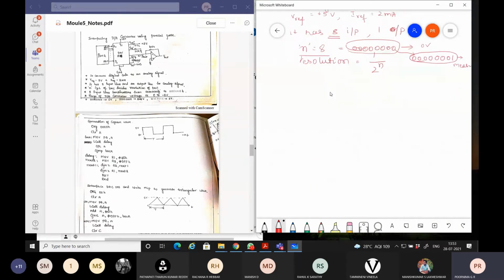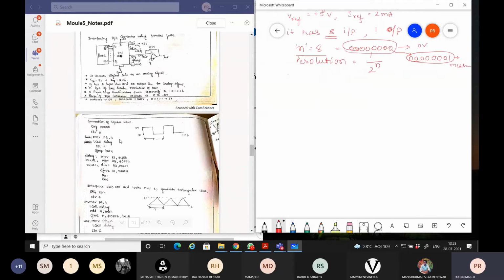This smallest change will always give a measurable output, hence it is termed the resolution. So when we compute the resolution, it is 1 by 2 to the power of n. Since n is 8, it is 1 by 2 to the power of 8 into 5 volts, because the reference voltage is 5 volts.